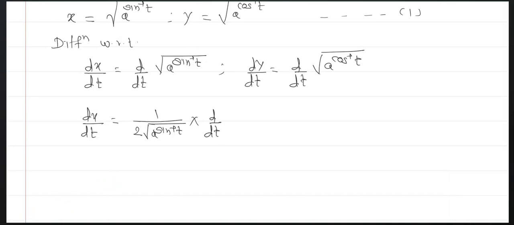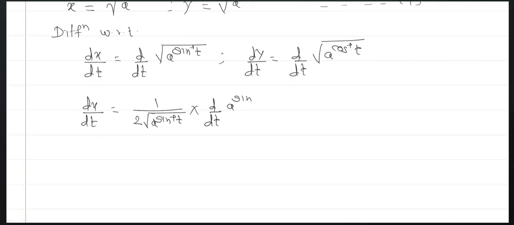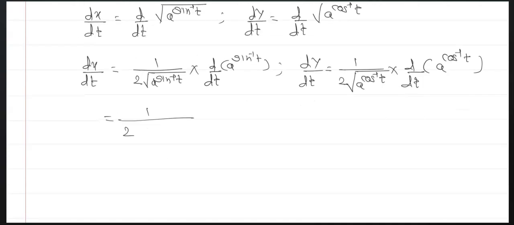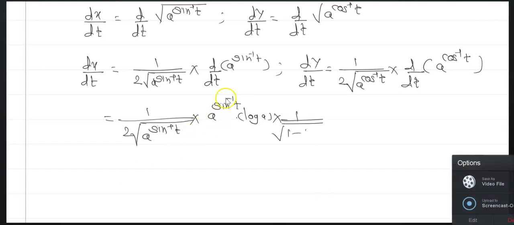Now see this here, dy by dt is 1 upon 2 times root of a raised to cos inverse of t into d/dt of a raised to cos inverse of t. Derivative of sine inverse of t is 1 upon root of 1 minus t square.